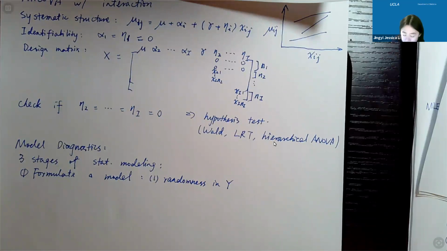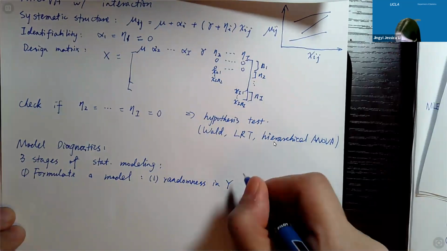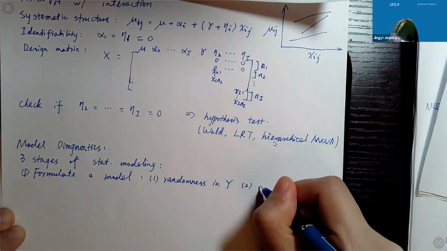So what we have talked about so far is assuming that Y follows a normal distribution around its mean. So that's the randomness we have assumed. But later we'll see that Y may follow other distributions given its mean. And the second thing, in the linear model part, is to consider the systematic structure.